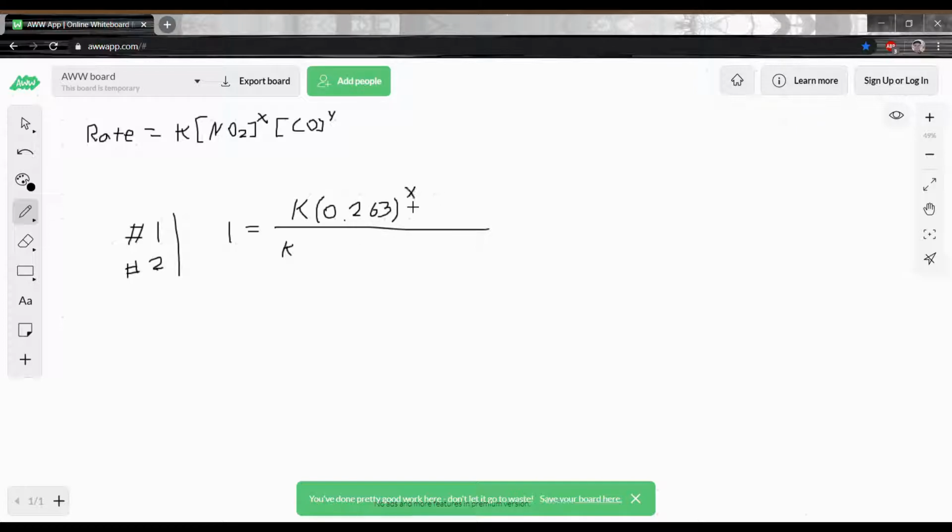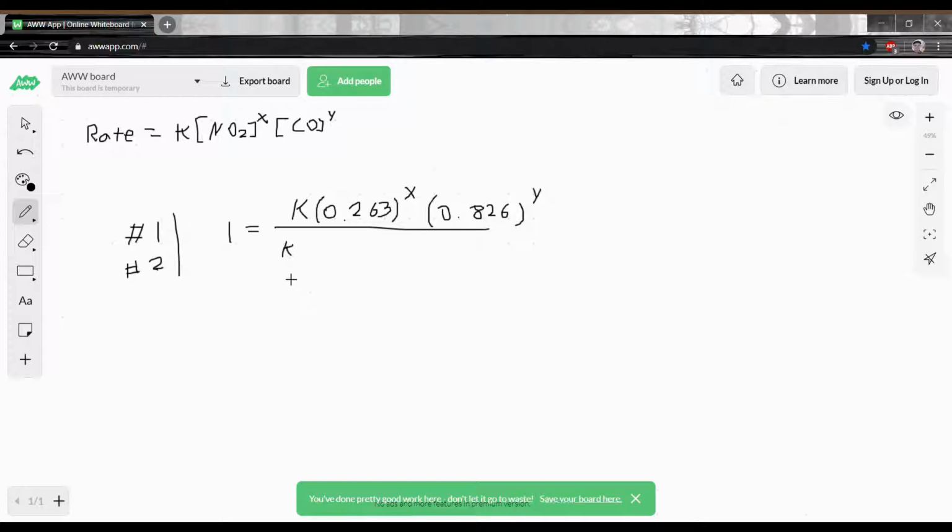That's raised to the x power, multiplied by our concentration of CO, which is 0.826, raised to the y power. Again, I have omitted the units because they're all going to cancel out anyway. So there's no need to keep track of them in this step. They'll be important to us later.